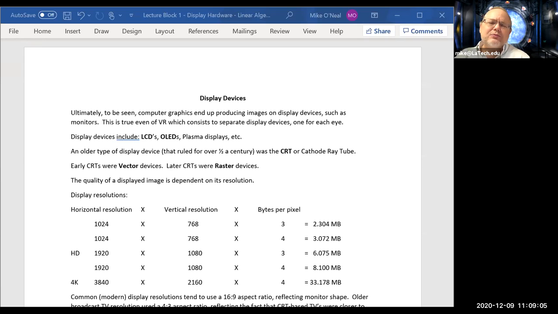So that's the way displays work these days. If you go back about 15 or 20 years, even 15 years ago, to say 2005, that's about the time that CRTs, or cathode ray tubes, were being replaced by flat screen displays. And it took a while.